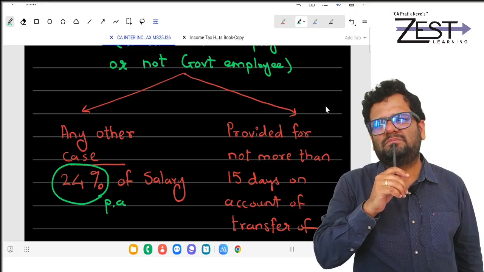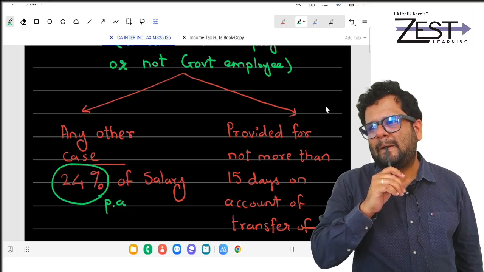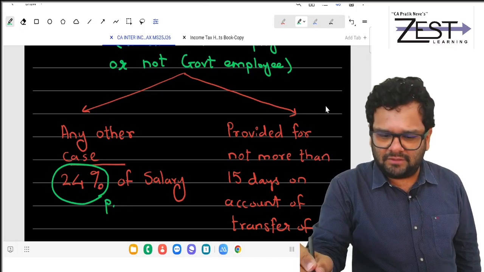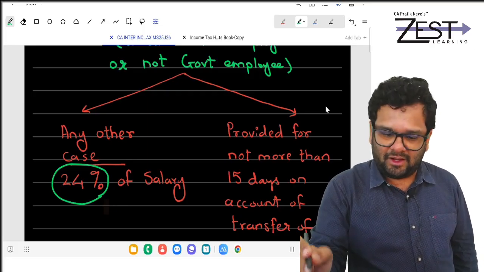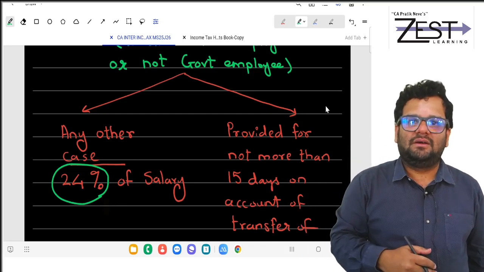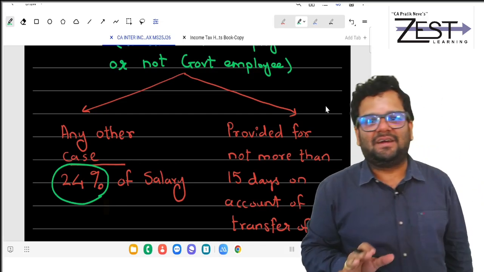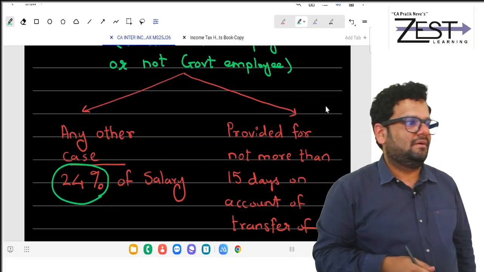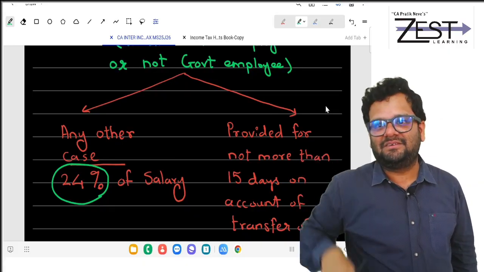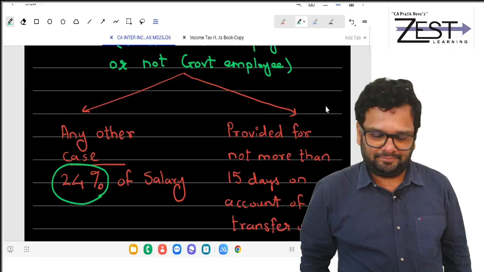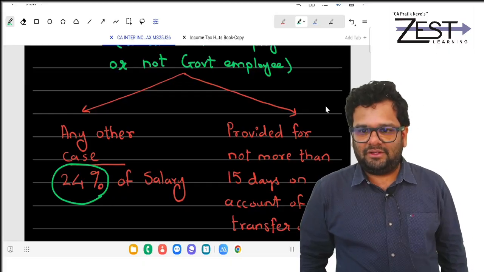I should not say per annum, because I will see for how many months he is staying in the hotel, calculate that salary and take 24% of that, like we did 10% of only 5 months salary.